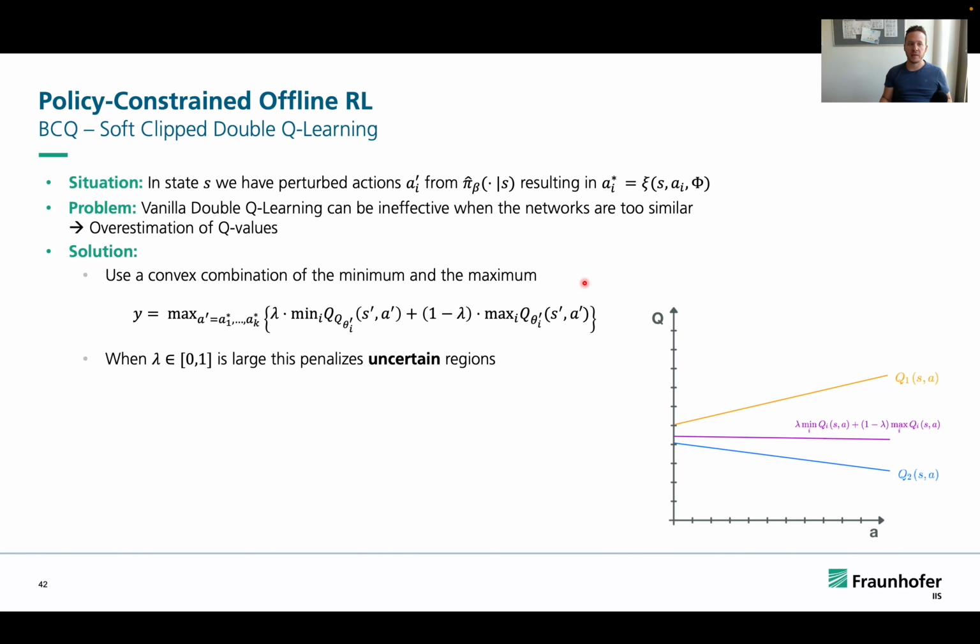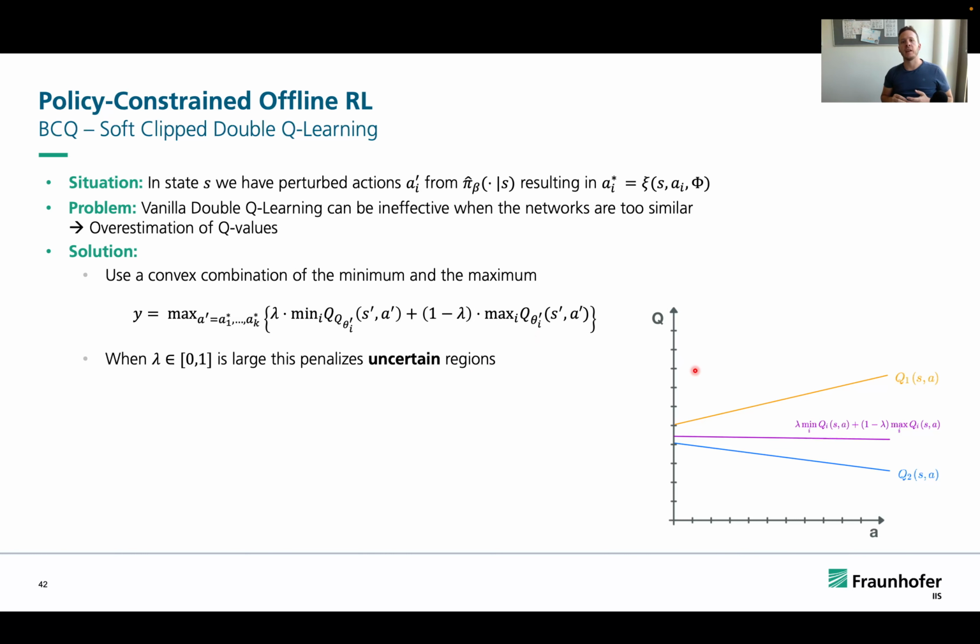Basically this gives us a way to penalize regions of uncertainty in the network, because this is somehow the idea of an ensemble. In areas where you have high uncertainty, these values become large, and this gives us a way to penalize regions where the Q values are uncertain.